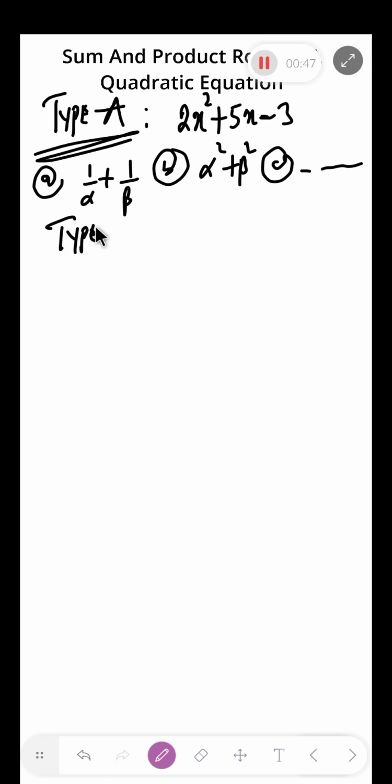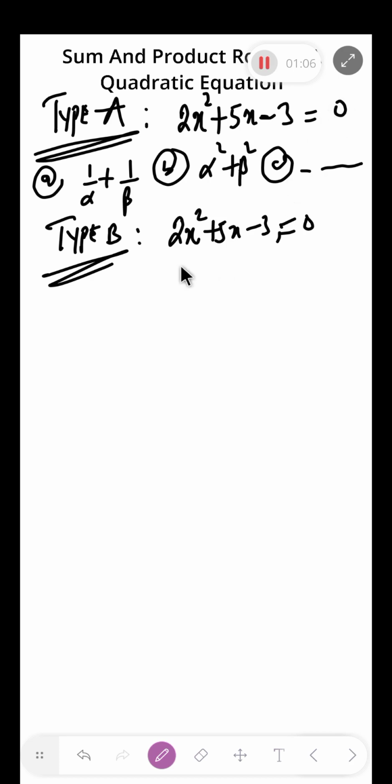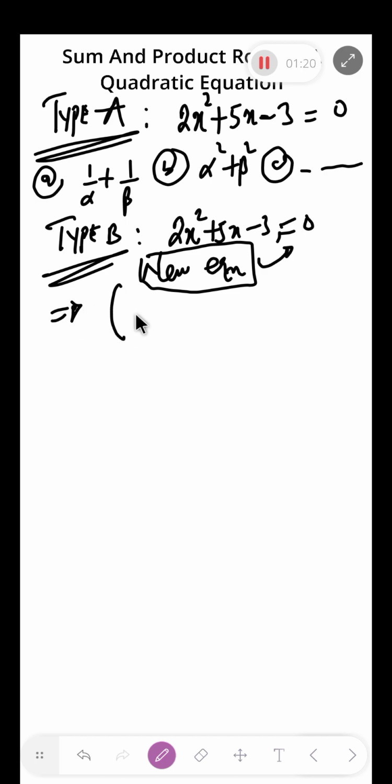There's another question which is to come in this format, whereby you'll be given a quadratic equation. Let's say you're given a quadratic equation of 2x squared plus 5x minus 3. And then the next thing you'll be asked to do is to form a new quadratic equation such that the roots given are, let's say, alpha squared and beta squared.